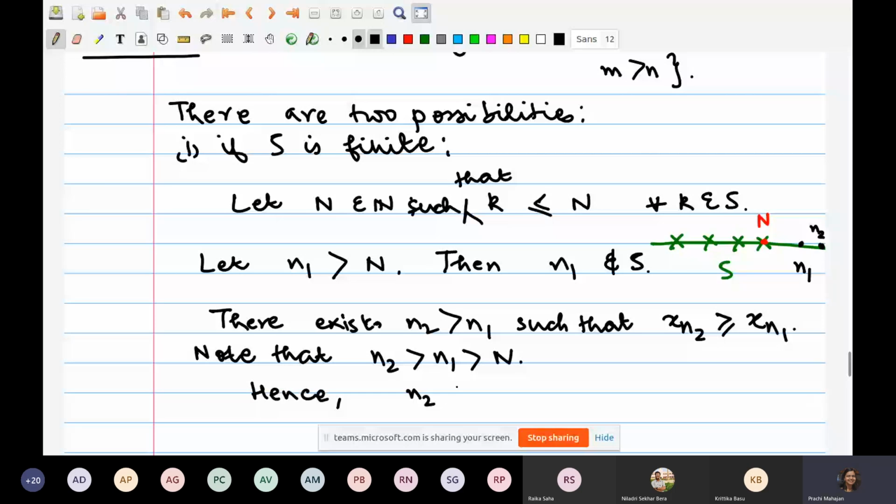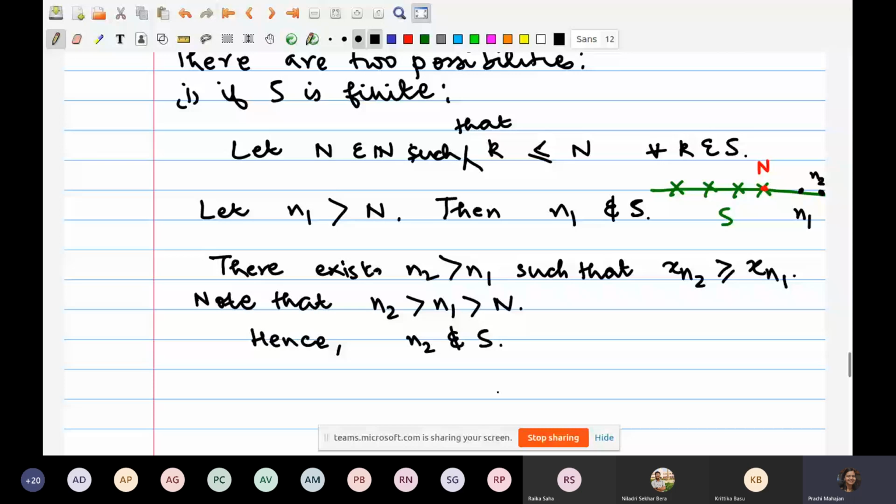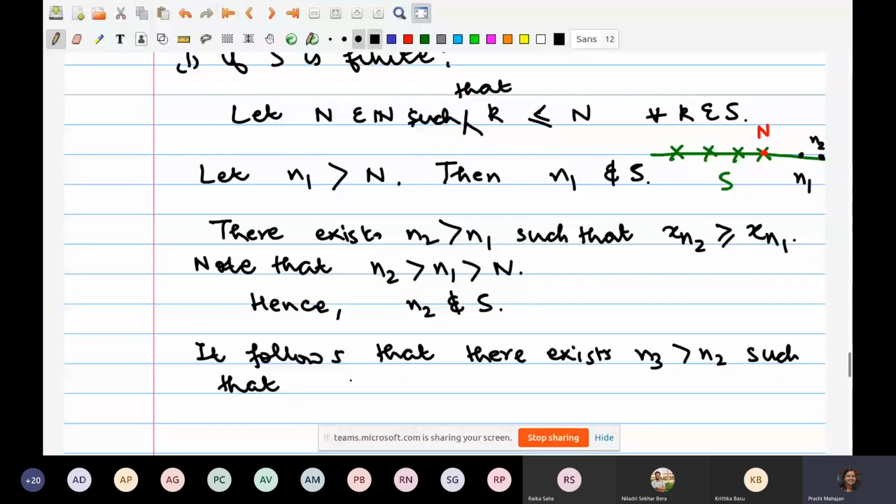Now, applying the argument one more time, it follows that there exists some index N3 bigger than N2 such that xn3 must be bigger than or equal to xn2, right?